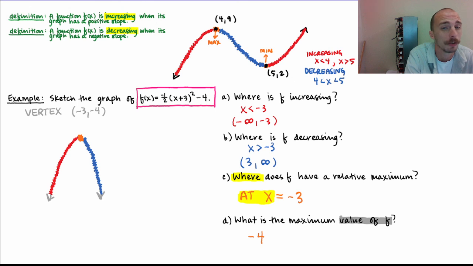If I take anything else and I square it, that comes back positive. So because of the multiplication by -1/2, the very most that -1/2 times x plus 3 squared can be is 0. And that's where we see that vertex. That's the most it can be. Any other x value besides x equals -3, I'm taking -4 and I'm adding a negative number. So that's why it's going down from there.